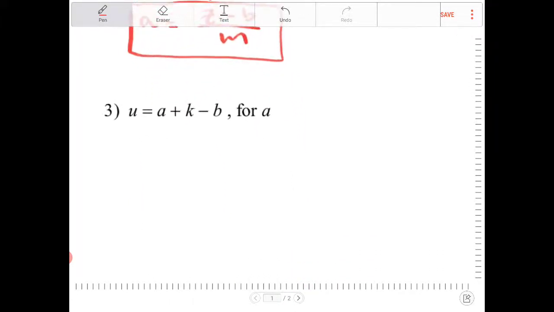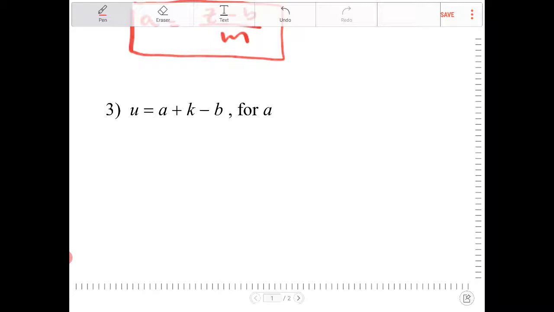Let's do another one. Here I need to isolate A. I notice that there are things being added and subtracted from A. There is no particular order to do this, and as a matter of fact, you can do it all at once if you'd like, because remember, addition and subtraction takes no particular order.